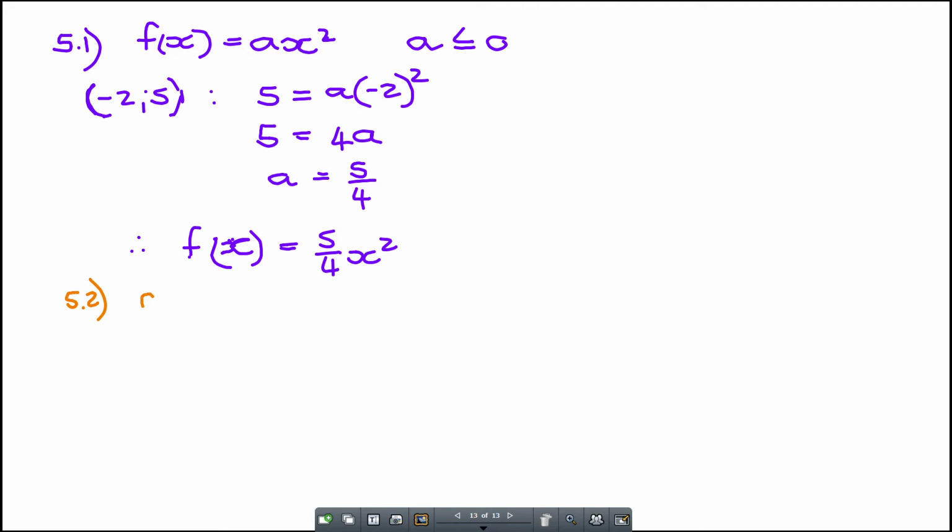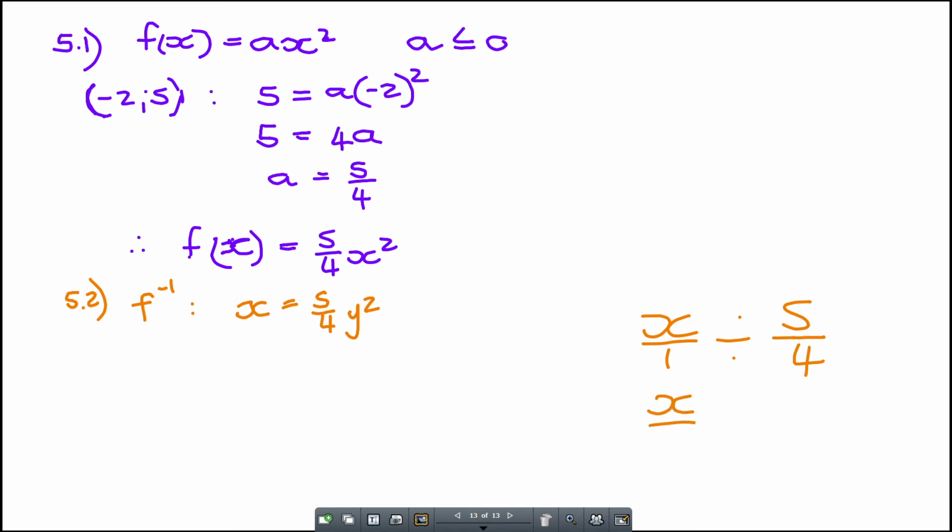Okay, so the inverse of f, I'm going to say instead of y, I'm going to say x is equal to 5 over 4 y squared. En hulle sê nie daar nie, maar hulle wil hom altyd hê in die formule, in die vorm van y is gelyk aan iets, né? So let's take the 5 over 4 over, and again, it would have been x over 1 divided by the 5 over 4.